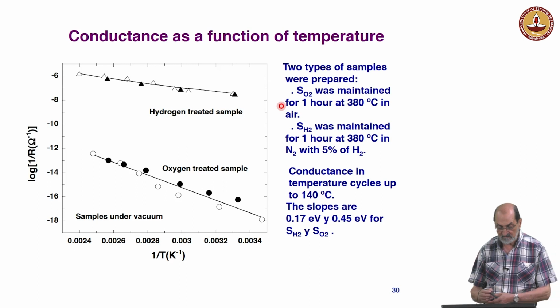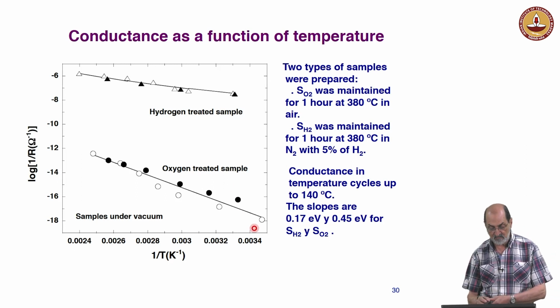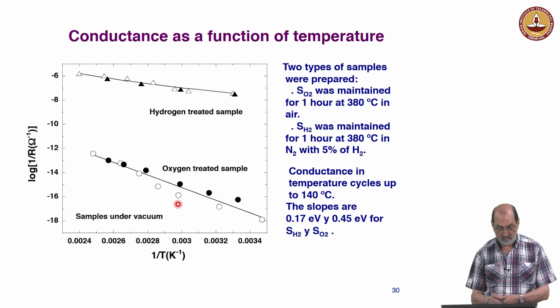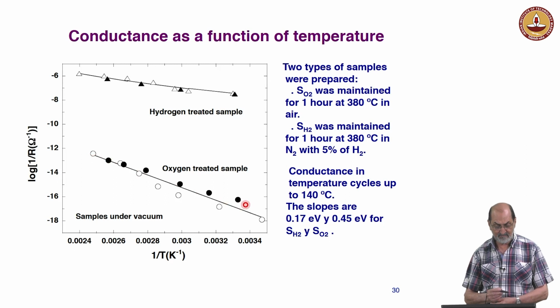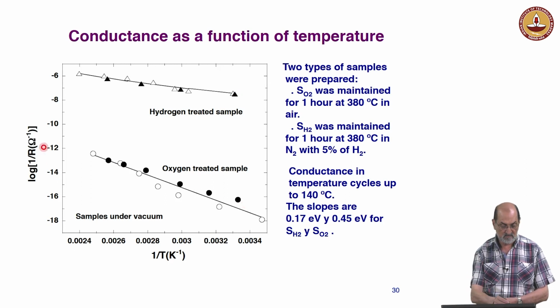Instead, for the oxygen treated sample, we go to this temperature and come back, and it was not bad, but not quite reproducible. And amazingly different was the resistivity. Look at the resistivity here, it is very low. This is a logarithmic scale. The resistance here is much lower than here.